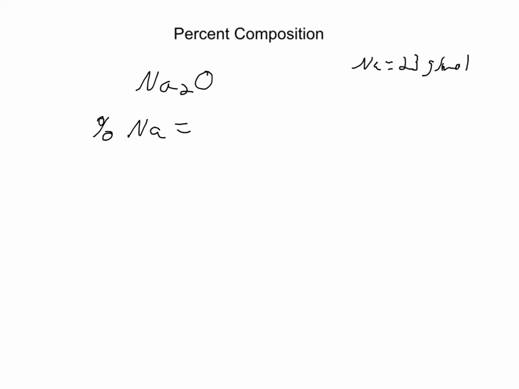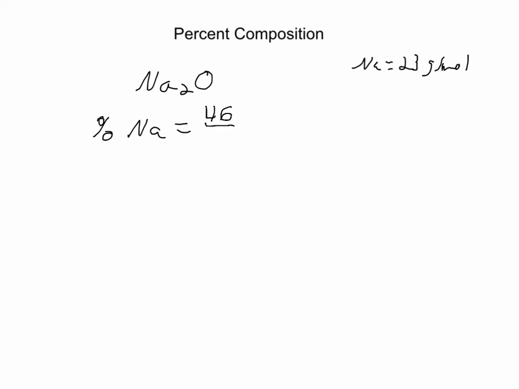But notice in this case we have 2 sodium ions in our compound. So the top of our fraction has to take into account that there are 2 sodiums. So we have to multiply it by 2, so we end up with 46 on top.